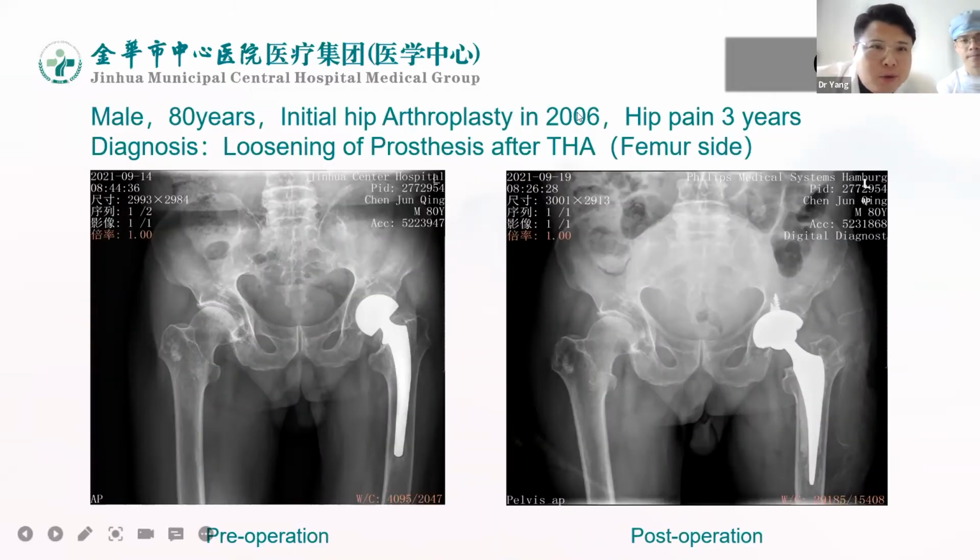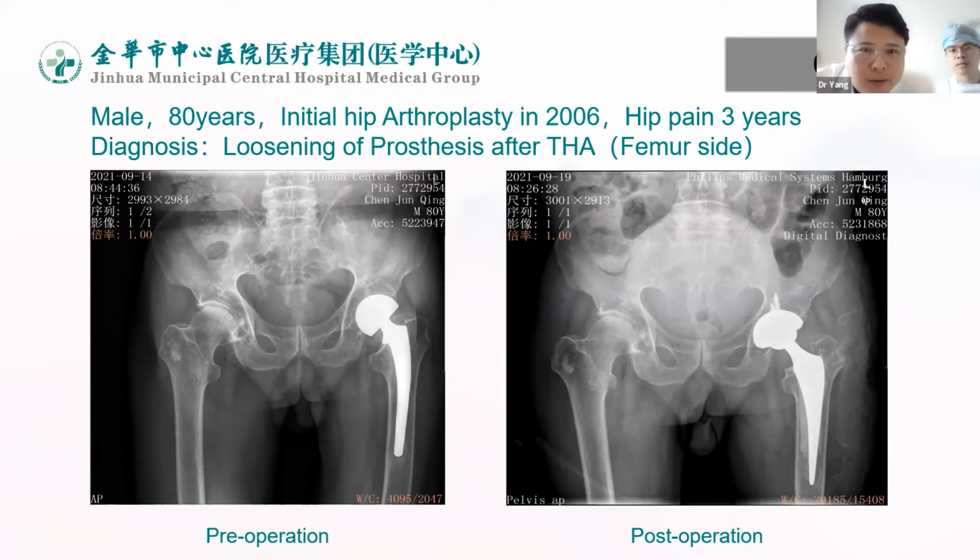Then we come to the second case. This case is a male, 80 years old, with an initial hip arthroplasty in 2006. The initial procedure was a femoral head arthroplasty, just a femoral head.